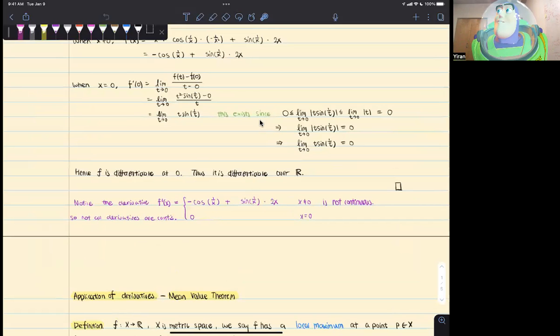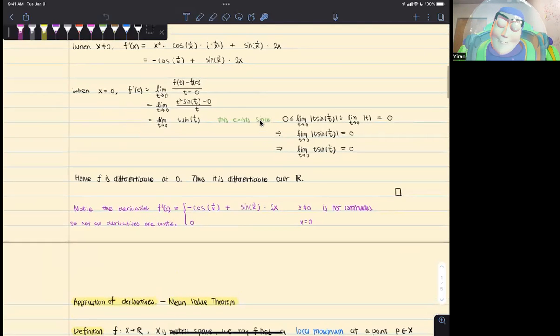The limit of f(x) as x converges to c exists if and only if for every sequence x_n converging to c, f(x_n) also converges to the same limit. But there are other ways, for example, the sandwich rule, if you remember.